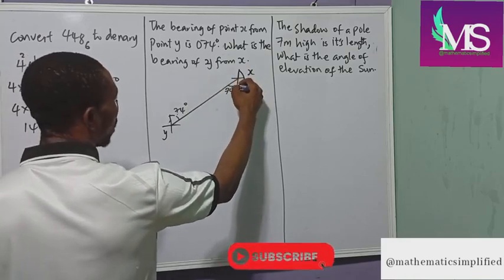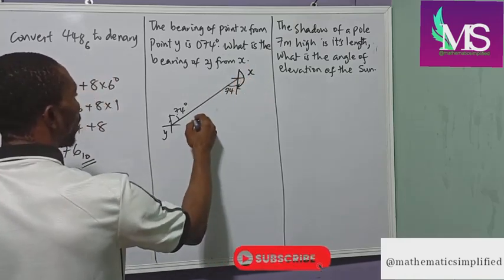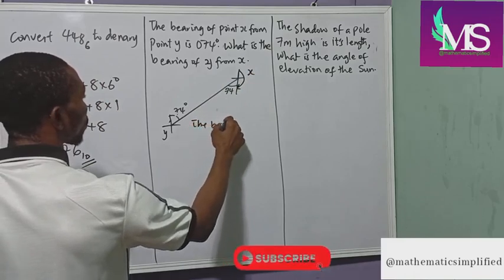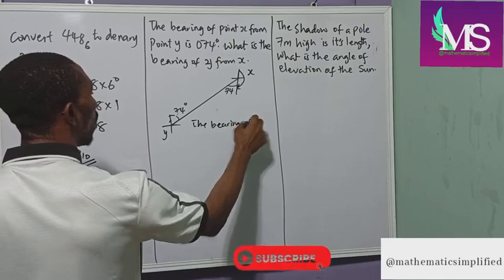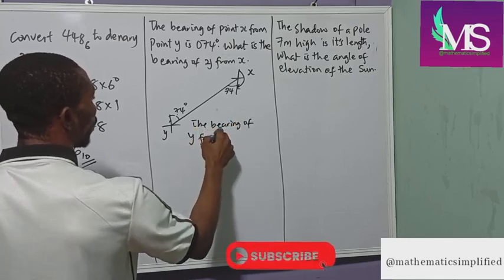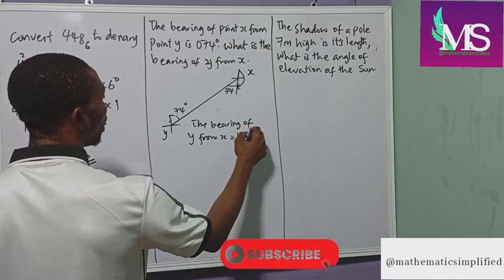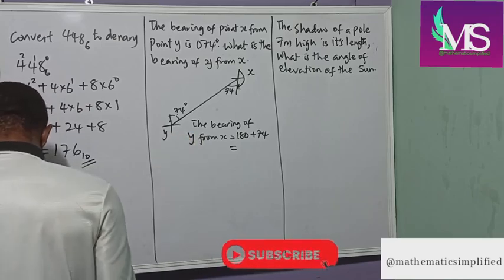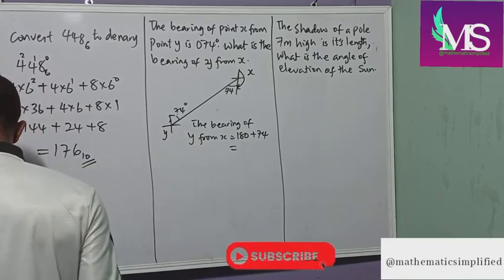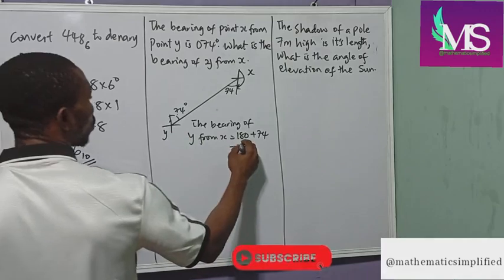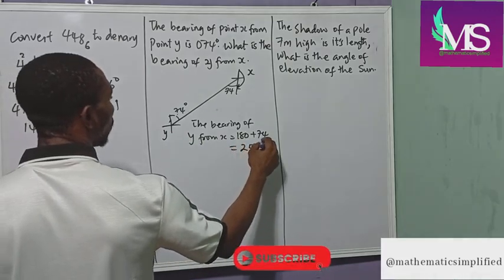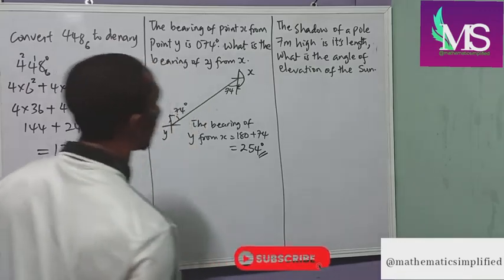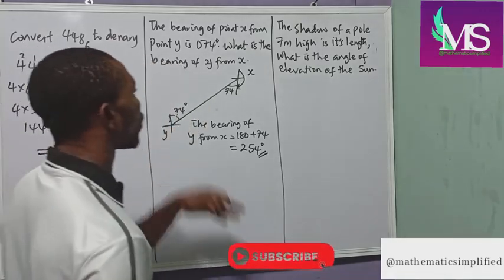So we have to calculate this bearing. The bearing of Y from X will become 180 plus 74, which would give us 254 degrees as our bearing of Y from X.